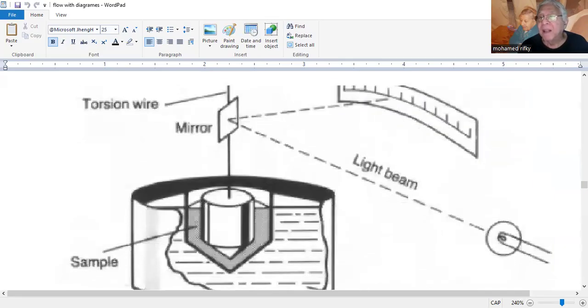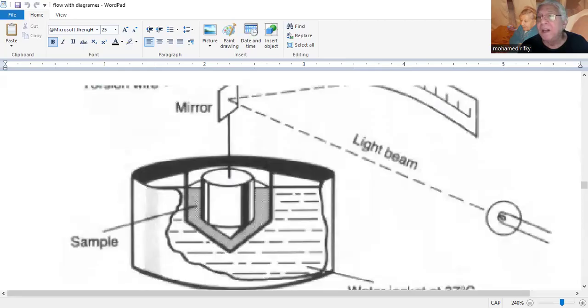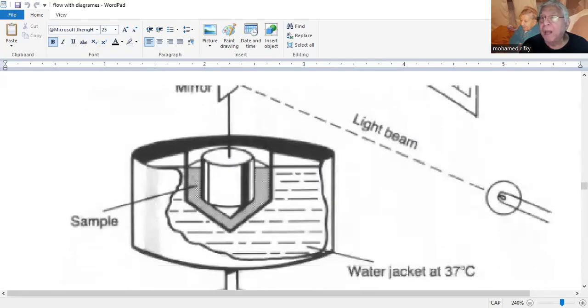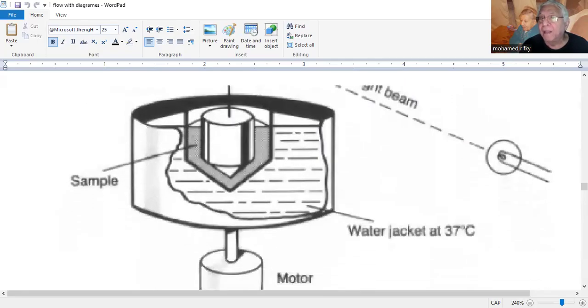This is the measurement of viscosity. In the viscometer, we have a cone where the liquid to be analyzed is administered, and then we have a torque or torsion wire. The movements of this torque, according to the resistance of the type of fluid, move a light over a mirror reflected on a scale, so that we can know the viscosity of the liquid.